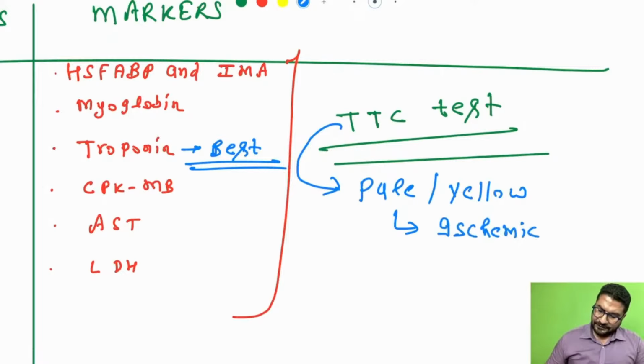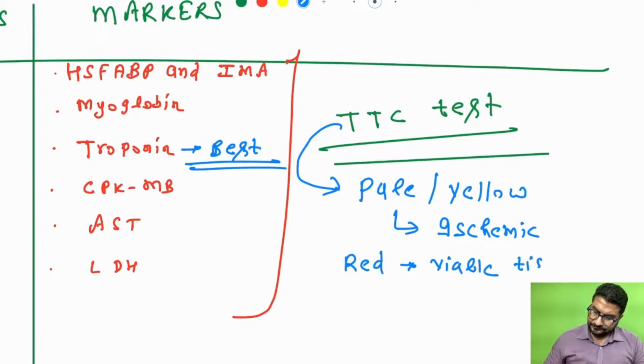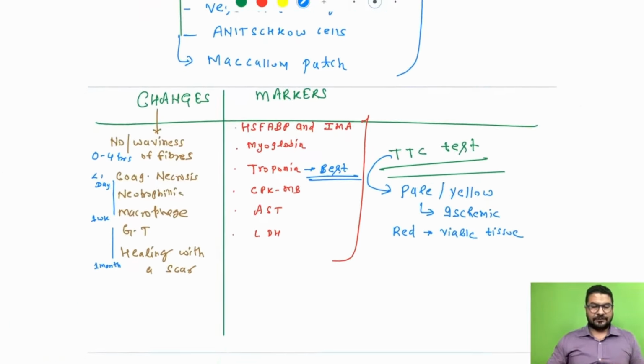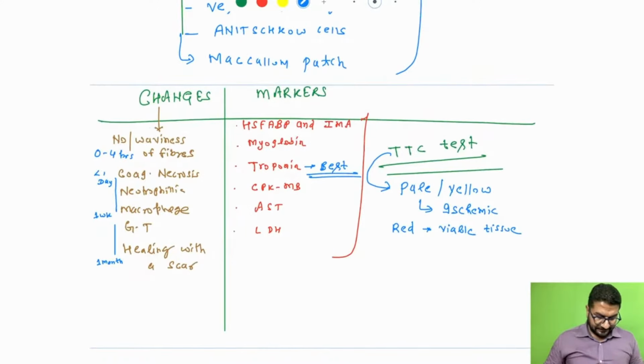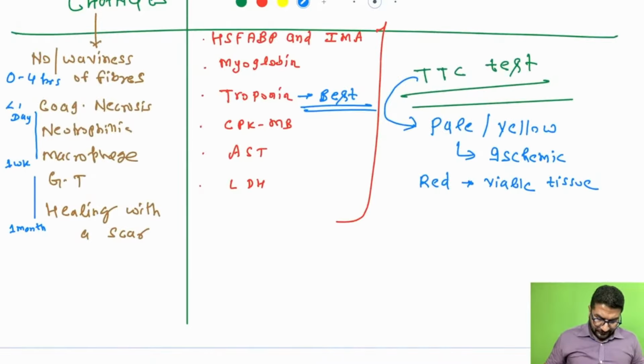But if you see a red color, this red is viable myocardium or viable tissue. This is called the TTC test, which they sometimes ask in exams. Am I clear?